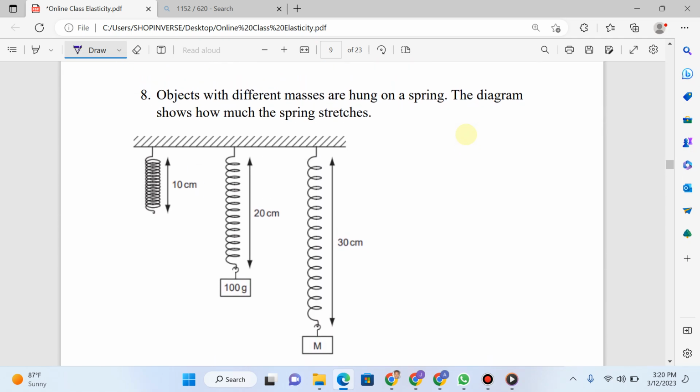Okay, so which formula will you use to solve this? We use the relationship between F1 and E1 and F2 and E2. So you say F1 over E1 is equal to F2 over E2. How do I get F1? F1 is the value of this mass here. Ideally, I'm supposed to do force equals mass times gravitational field strength, and my mass should be 100 gram.